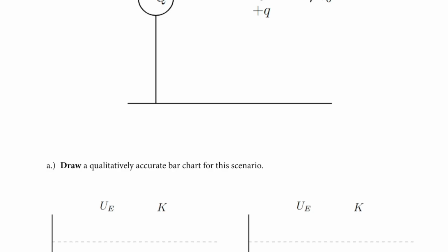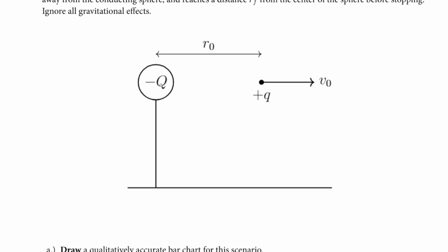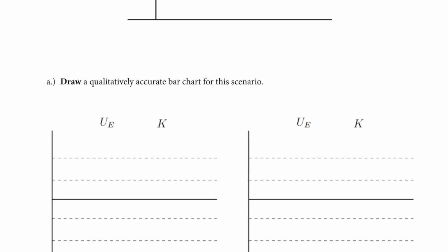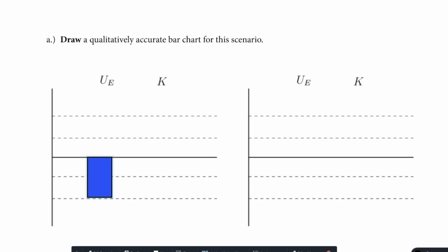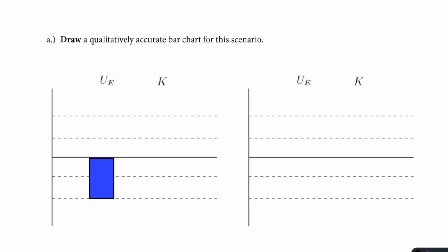So we're going to draw ourselves a bar chart for this scenario. Initially, my charge is as close as it can be in the problem to the sphere. Originally, this is an attractive scenario because it's positive and negative. So I'm going to have a large amount of negative potential energy, and my sphere is launched, so it does have kinetic.